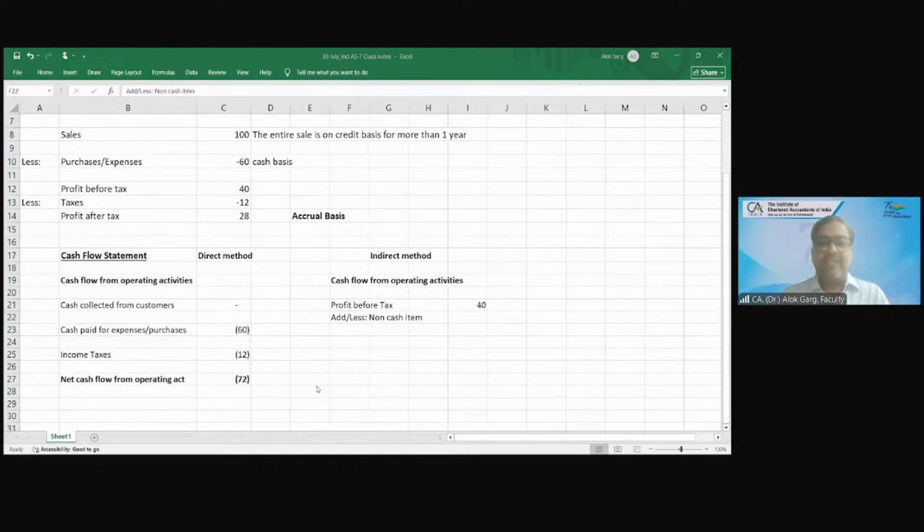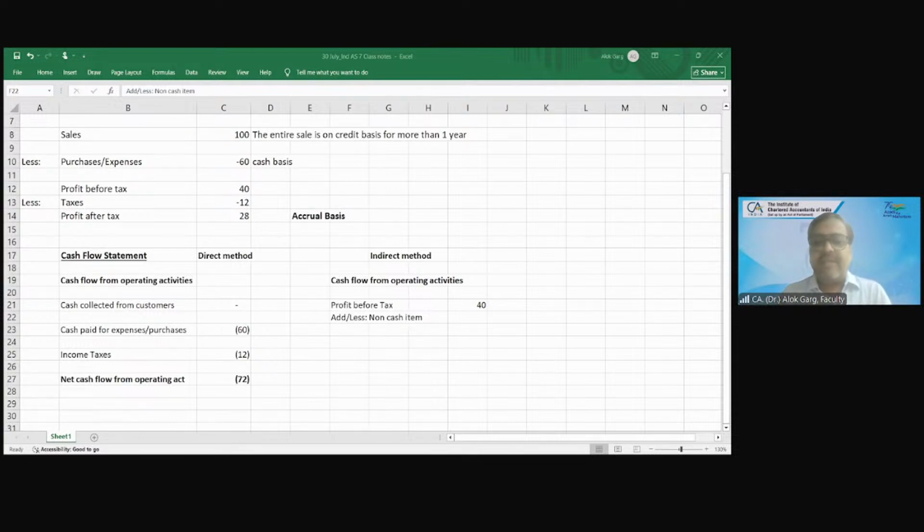After non-cash items, I will adjust, add or less, non-operating items, meaning investing items or financing items. For example, interest paid on loan. Is it an operating item or a financing item?